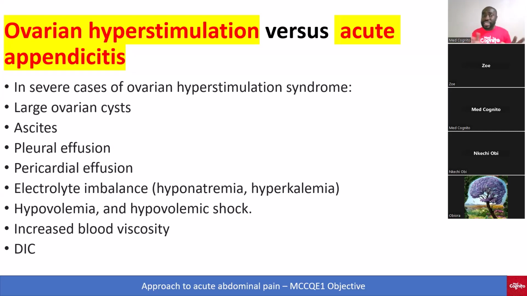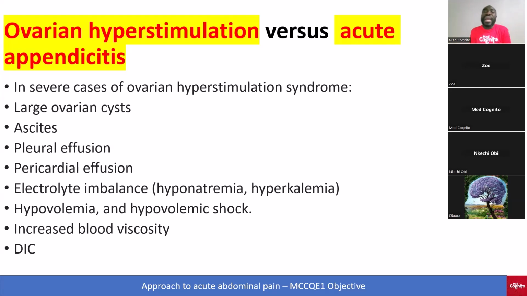So if you see a patient who has developed bloating, some abdominal pain, weight gain, ascites, pleural effusion, and I ask you, what abnormalities on electrolytes are you expecting? Please don't forget this ever. Sodium will be low, potassium will be high.